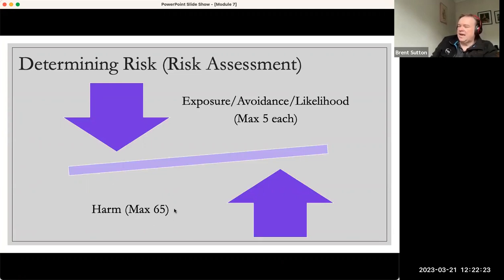And it gives an element of up to 65 when it comes to harm. So even if your likelihood is highly subjective, that likelihood is not going to overburden the calculation of risk in that situation. Unlike traditional matrix or heat maps, where basically it's making up to half the equation.